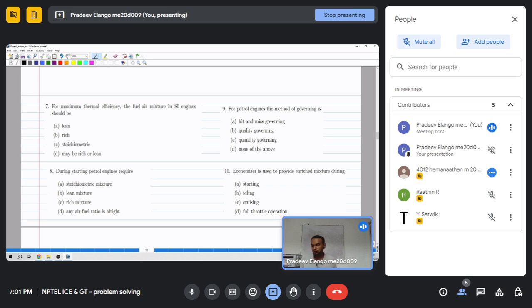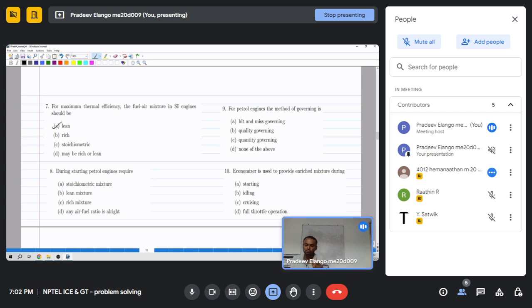Next question: for maximum thermal efficiency, the fuel-air mixture in SI engine should be lean, rich, stoichiometric, maybe rich or lean. Lean, yes.